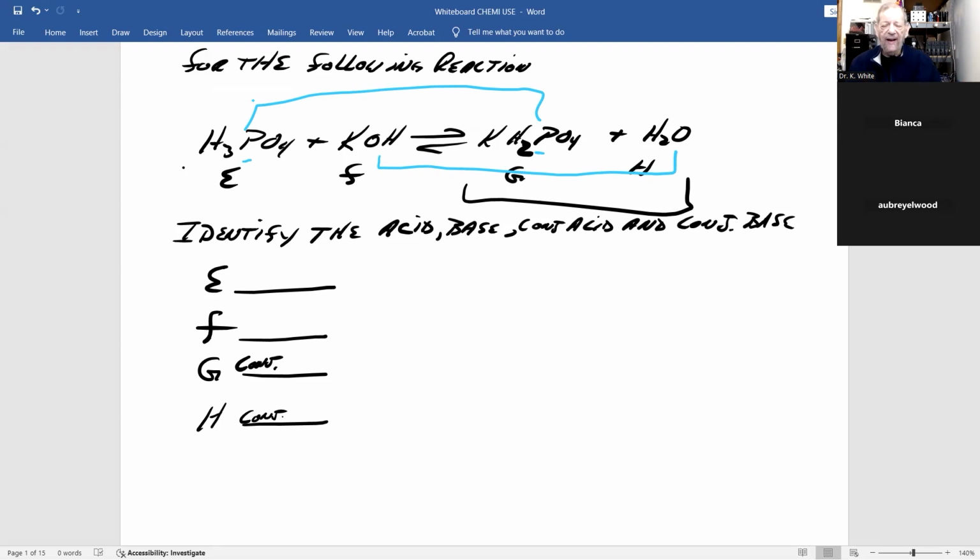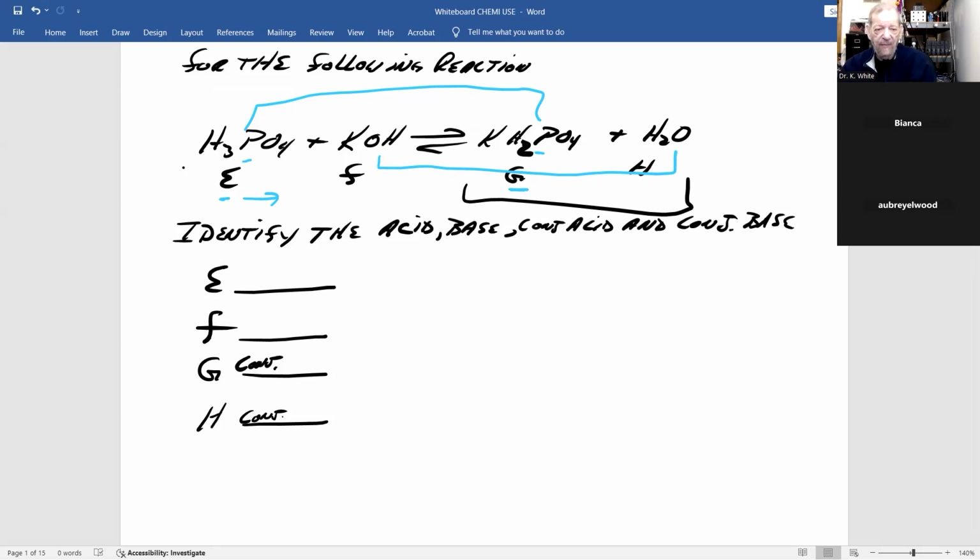Now, why do we need to know the conjugate pairs? Because when we go from E this way to G, does E lose a proton or gain it? To make your life easier, just look at whether it loses a hydrogen or gains one.